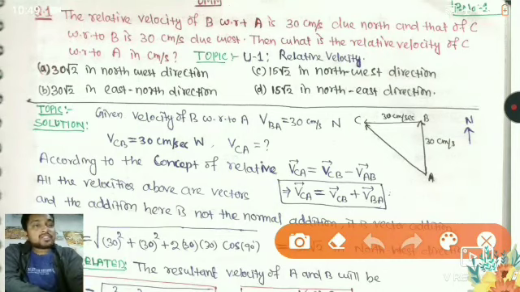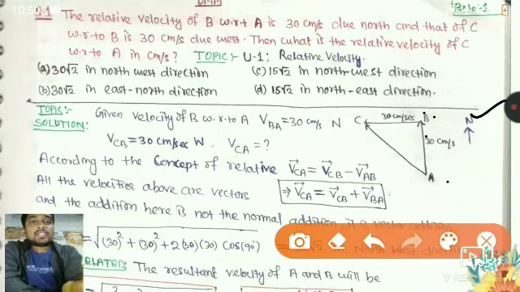We are supposing the north direction to be this direction, so velocity of B with respect to A is 30 centimeter per second due to north. Velocity of C with respect to B is 30 centimeter per second due to west. So velocity of C with respect to A is to be determined by the theory of relative velocity.